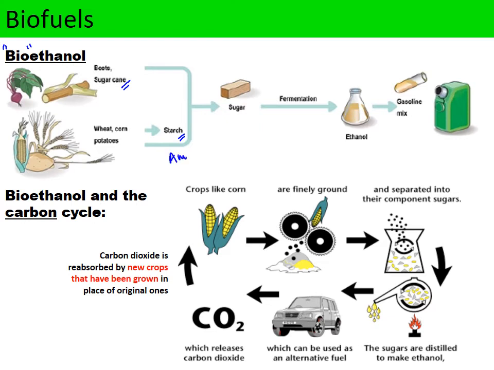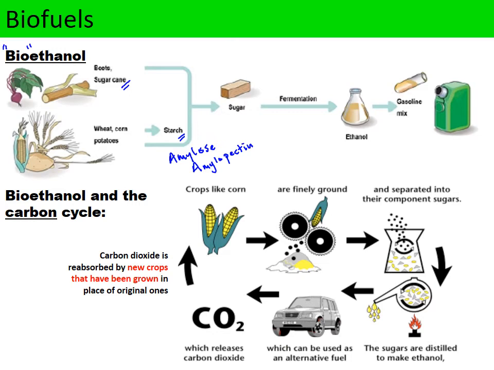So we know starch is made from 2 different types of polysaccharide: amylose, which is helical, which forms the core of the starch grains, and amylopectin, which is branched on the outside of the starch grains.